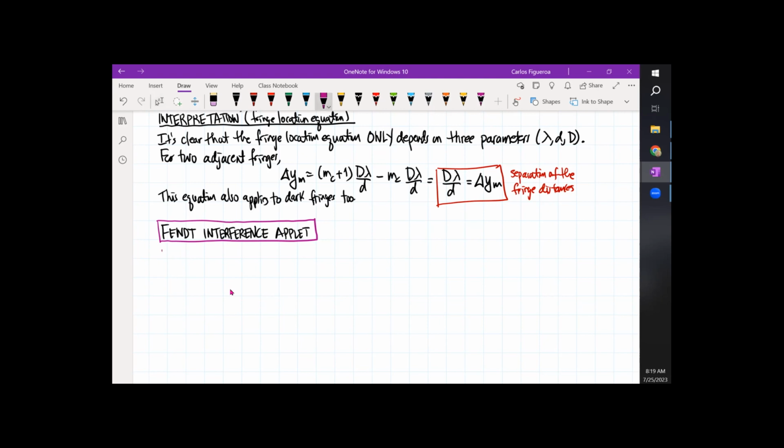So in other words, I'm going to use the PhET applet to look at changes in lambda and little d and see the effect on the fringe separation.